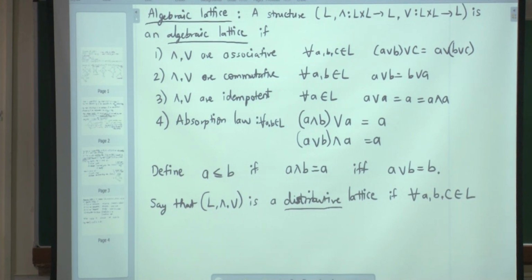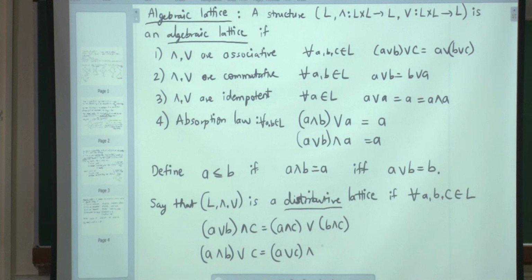You know distributive laws? A join B meet C should be A meet C join, and the other one, A meet B join C is equal to A join C meet B join C. Both these distributive laws hold.